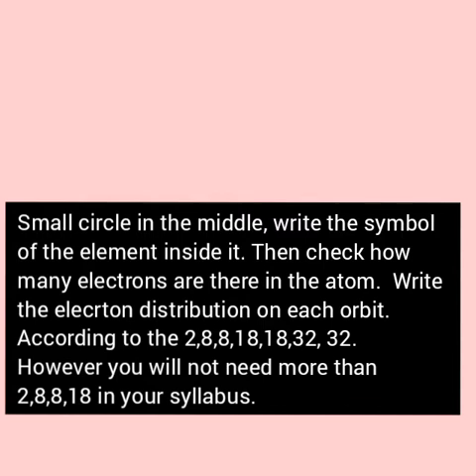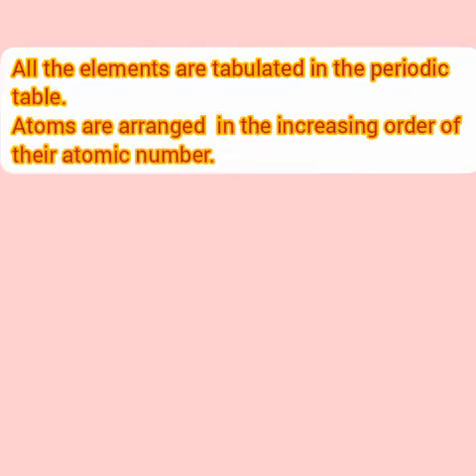Now, on the screen, you can see the periodic table. What is a periodic table? The periodic table is a table designed by scientists after many years of thinking, making arrangements and discussing together. They made a periodic table in which we can insert all the elements.